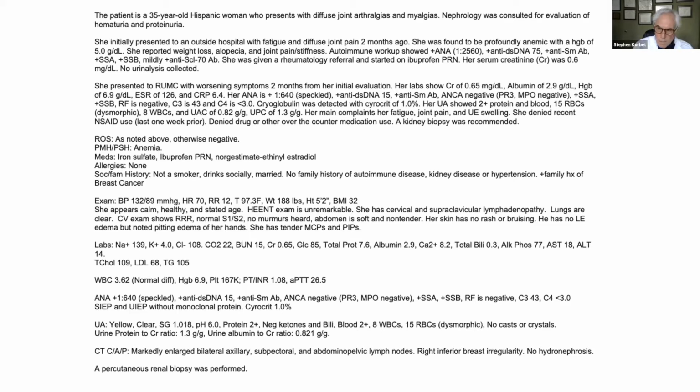The real issue is whether it's going to be immune complex mediated, so that we're going to see a lot of wire loops, or whether it's going to look like a vasculitis, where there'll be mesangial deposits with essentially no subendothelial deposits. I don't think we're going to see subepithelial deposits.